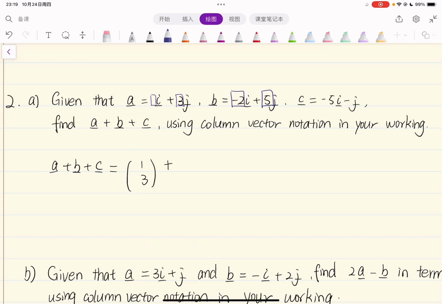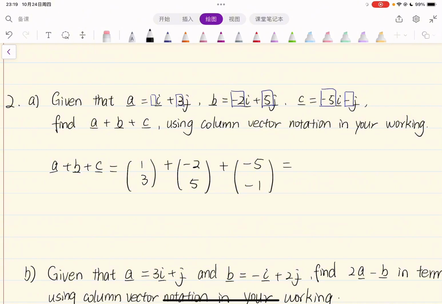So that is (-2, 5) plus, for the vector c, we have negative 5 and -1. So that is plus (-5, -1).